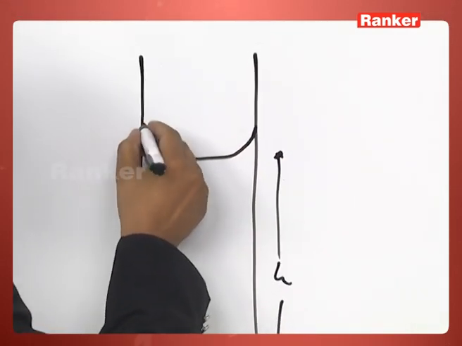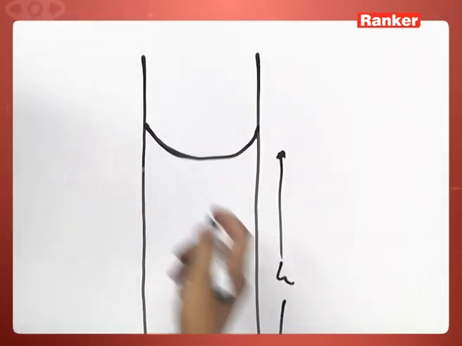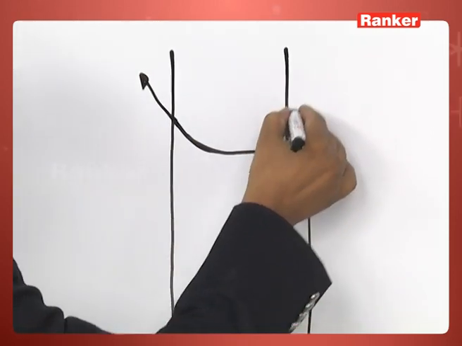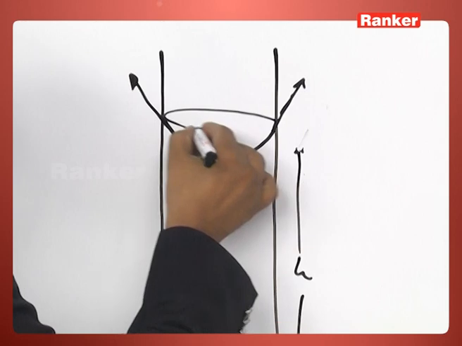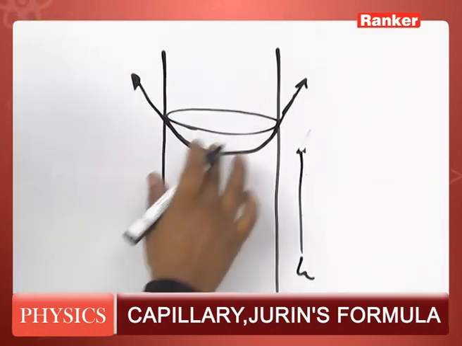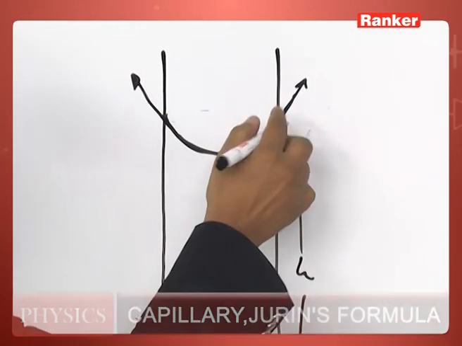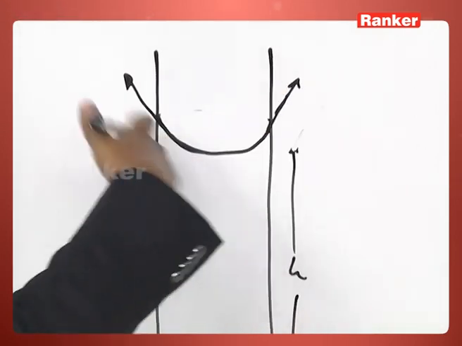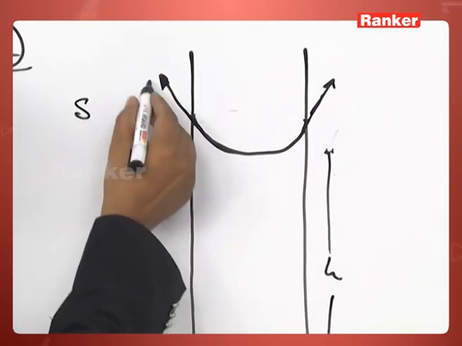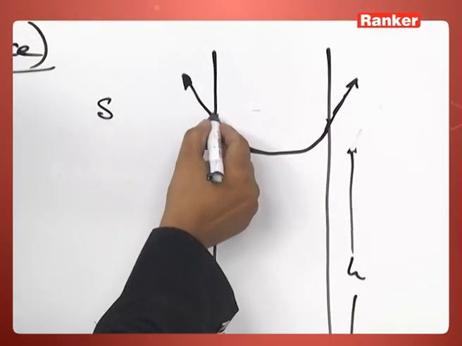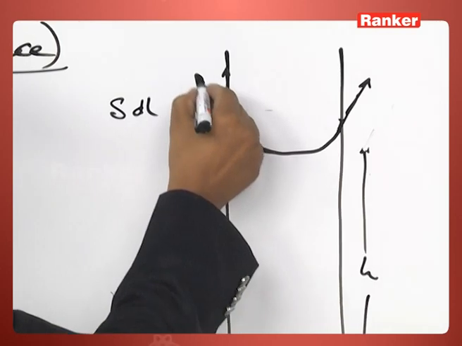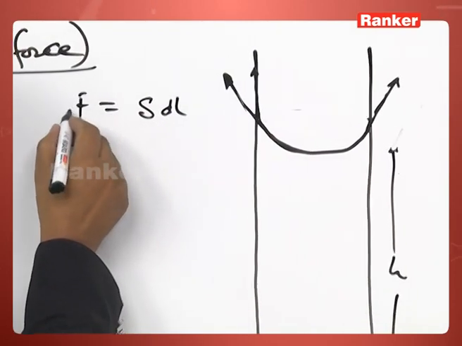This surface is pulling here with the force of surface tension. So you will have a force acting along this direction throughout. Just imagine the force here; throughout this curve you can imagine this whole meniscus. This force is the surface tension S into dl, suppose I take a dl length, so the total upward force on element dl is dF.